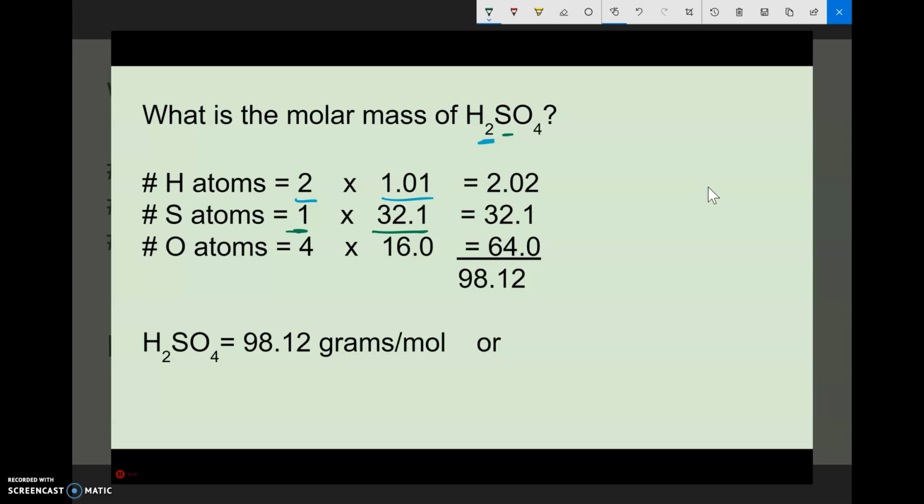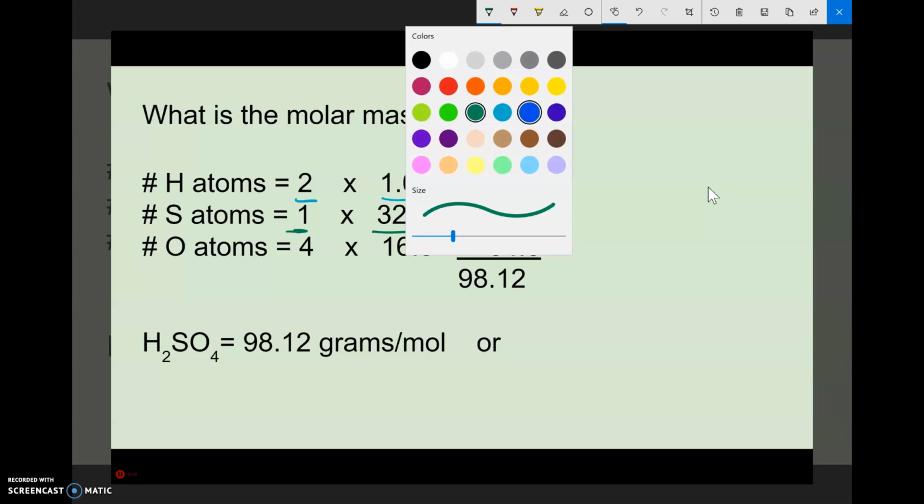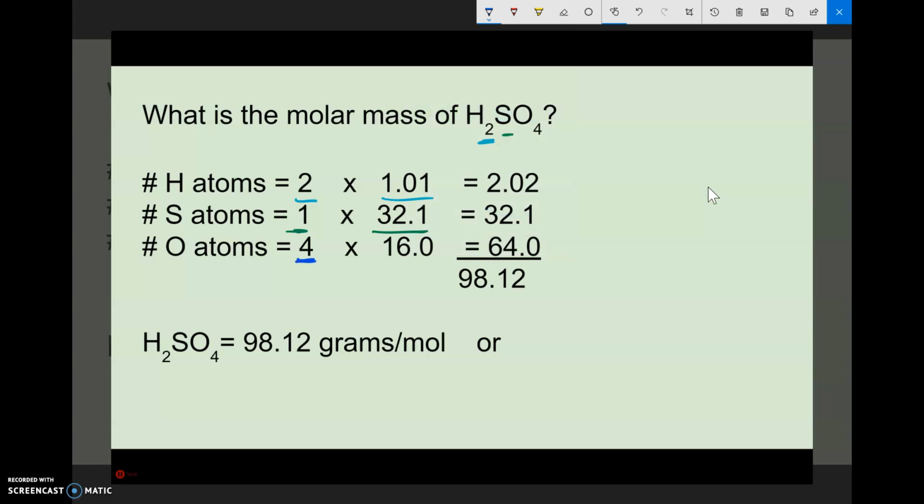And then we have 4 atoms of oxygen. Each one of these has a mass of 16. So here's all their totals, and all we're doing here is just adding all of these up right here. And so we know that 1 mole of this H2SO4 is equal to 98.12 grams.